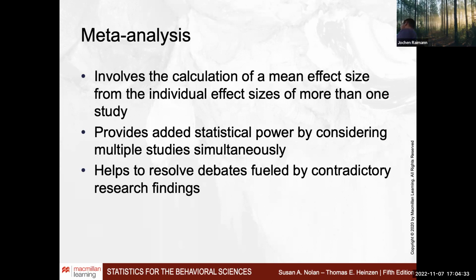Basically, a meta-analysis is the calculation of a mean effect size from different effect sizes from different studies. That's a more complex topic to discuss, because you have different levels of scientific evidence.